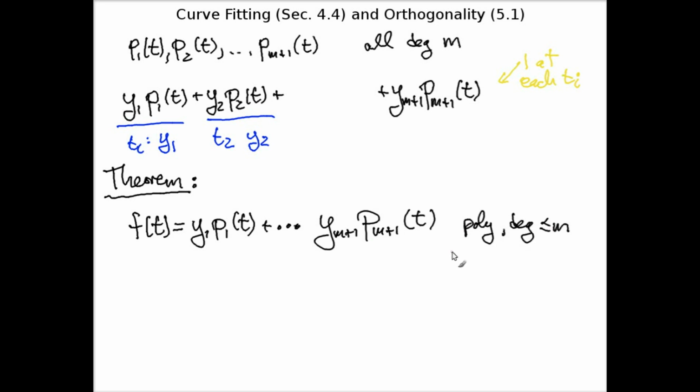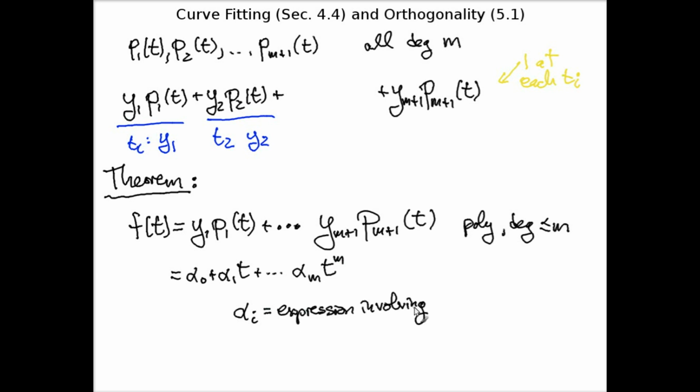I can write it as alpha 0 plus alpha 1 t plus dot dot dot alpha m t to the m, where alpha i is some complicated expression of the given data, which is the t's and the y's. When you unwind this, the terms get all mixed up together, so it's a rather complicated expression, but in this form it's quite simple. I'll do an example of that in class, or you can look at an example in the book, which is example 4.17.